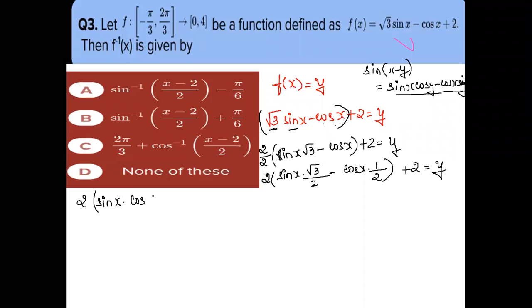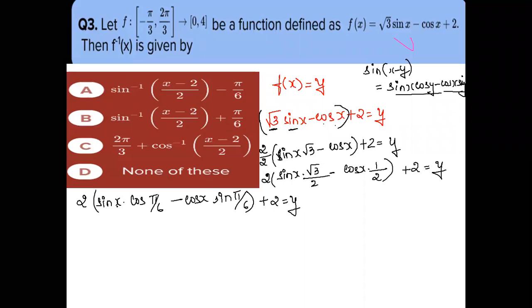That is, 30 degrees is pi by 6, minus cos x into... here I need sin. To use the sin x minus y formula, at what angle does sin take the value half? 30 degrees. Good. So it is sin pi by 6 plus 2 is equal to y.